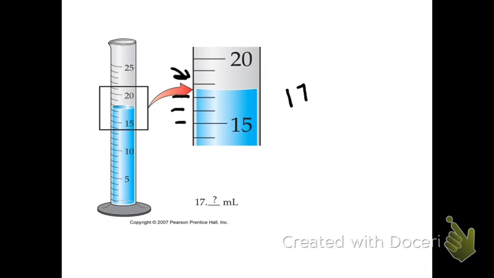So our final measurement must be between 17 and 18. Now, that means our last digit, which we are not sure about, has to be estimated. So I might estimate 17 point, I'm going to say 8.